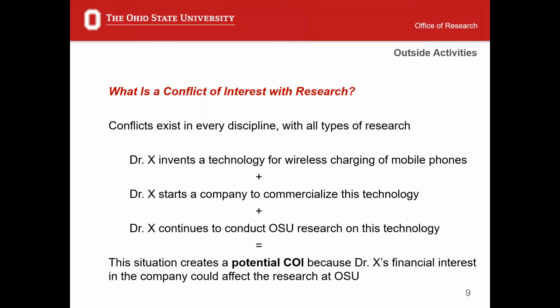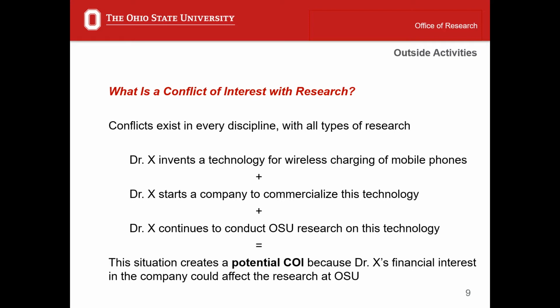Now, since the earlier example of a conflict of interest in research was sort of a clinical trial example, I wanted to highlight the fact that conflicts exist in every discipline with all types of research. So the example here is a faculty member creates a widget. This is a device to charge mobile phones wirelessly.